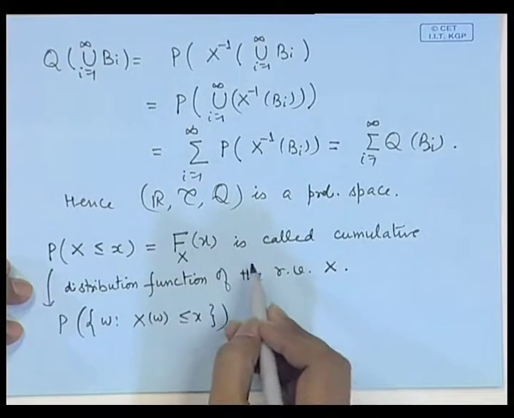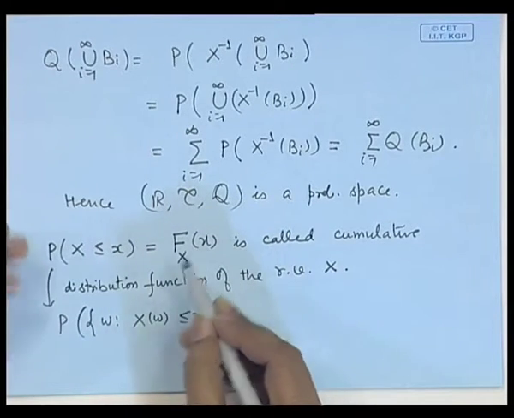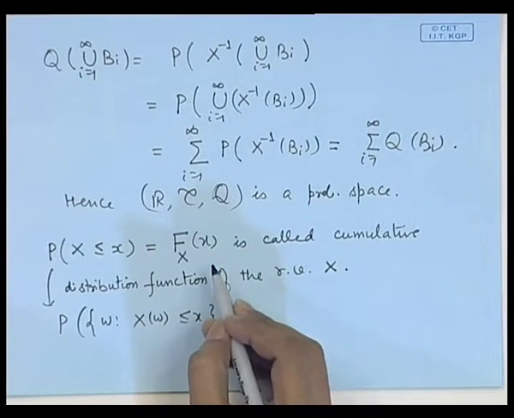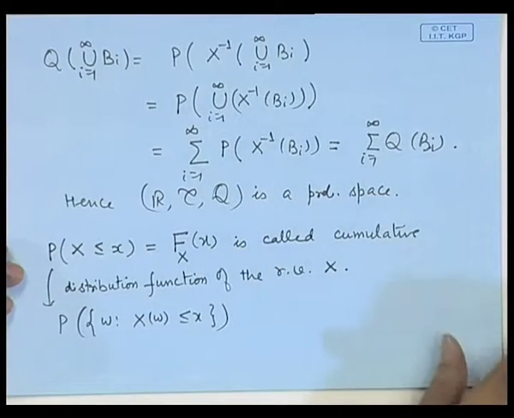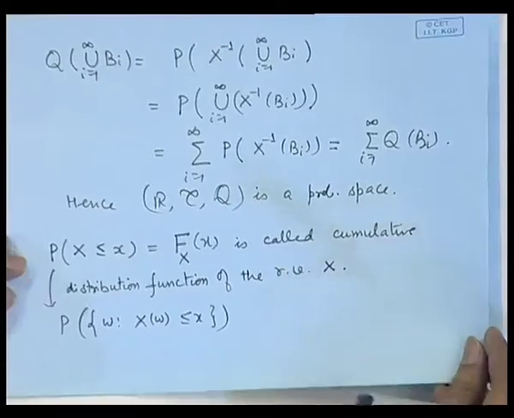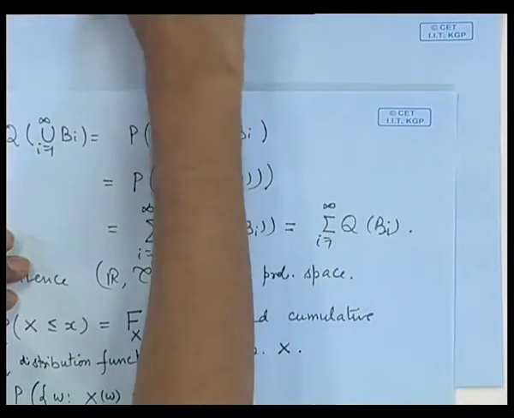This function is quite useful in talking about all types of probability statements of the random variable X. First of all, this cumulative distribution function satisfies certain important properties.